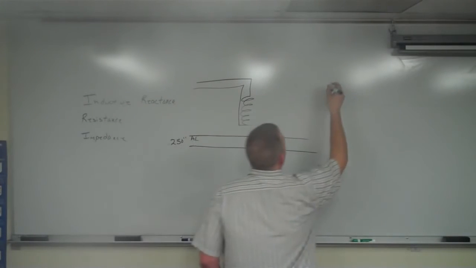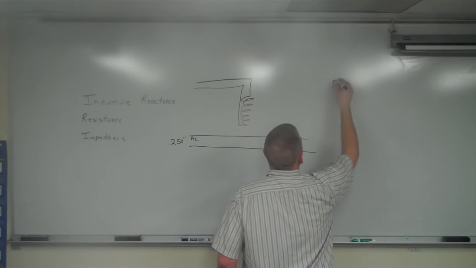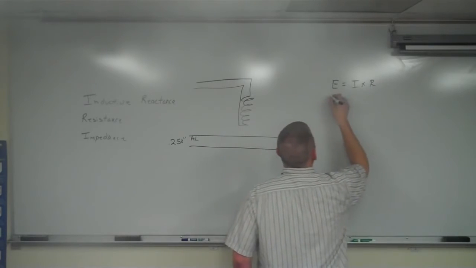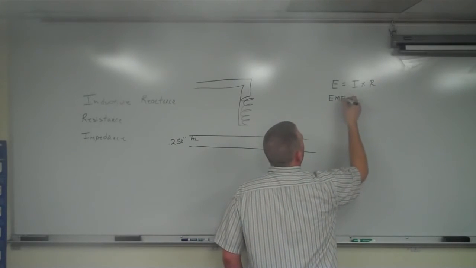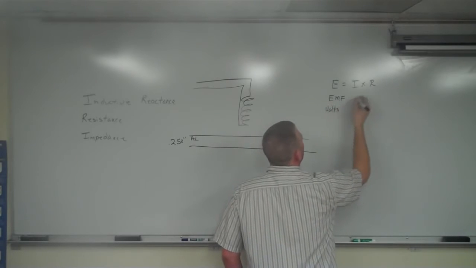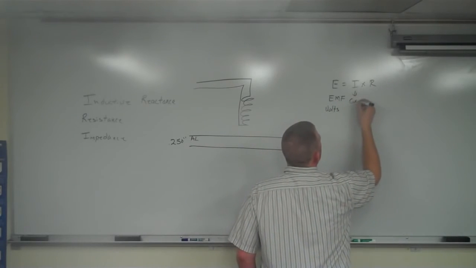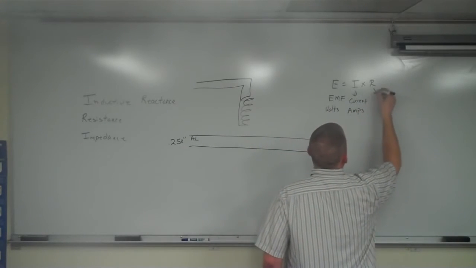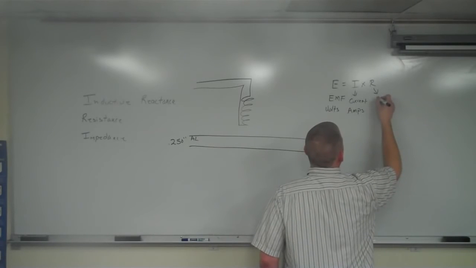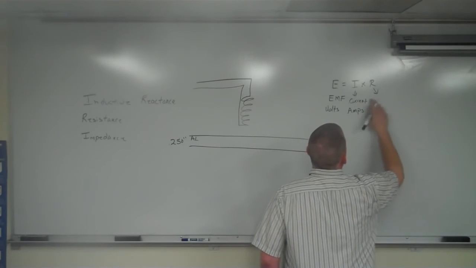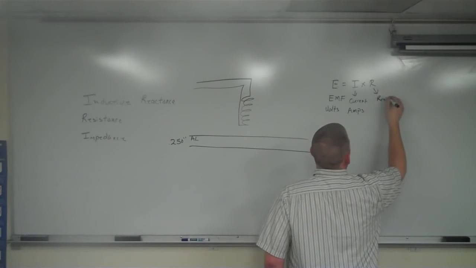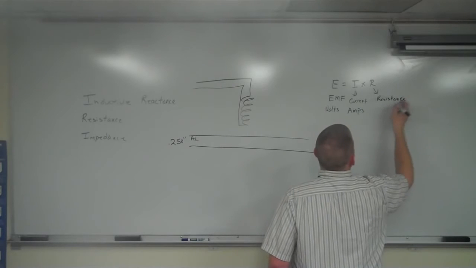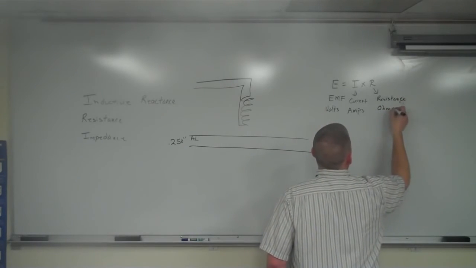We know that because of Ohm's law, E equals I times R. E is electromotive force, measured in volts. I is current flow, a measure of the amount of electrons moving, measured in amps. Resistance is the slowing or stopping of those electrons from moving, and that is measured in ohms.